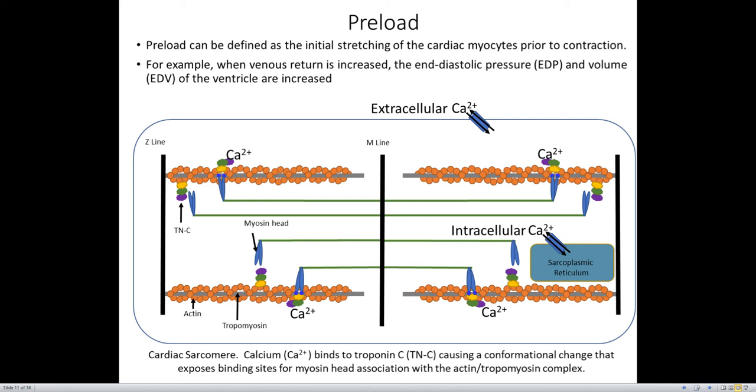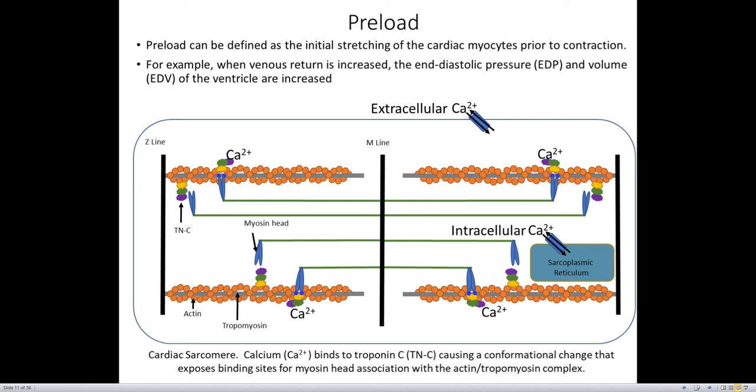Well, when calcium binds to that complex, and you can see that up here at the top, it's going to cause a conformational change, kind of pulling that troponin, and in doing so, it's actually going to pull this actin-myosin association in such a way that the G spot, which is on the actin-tropomyosin complex that the myosin head wants to bind to, is exposed.